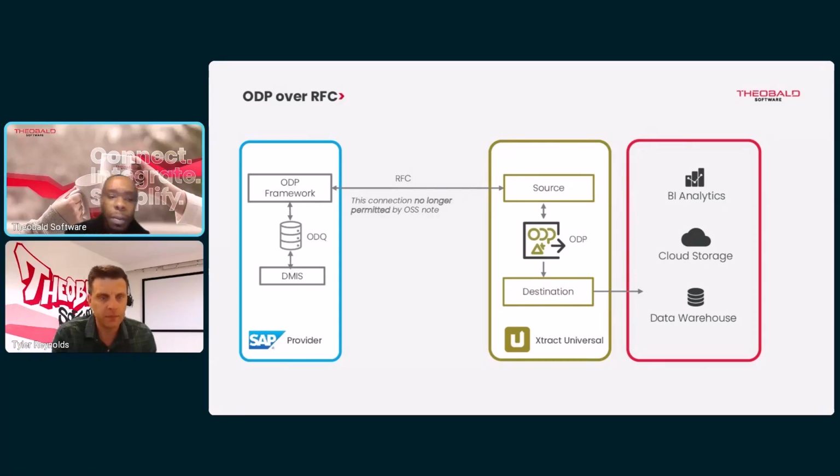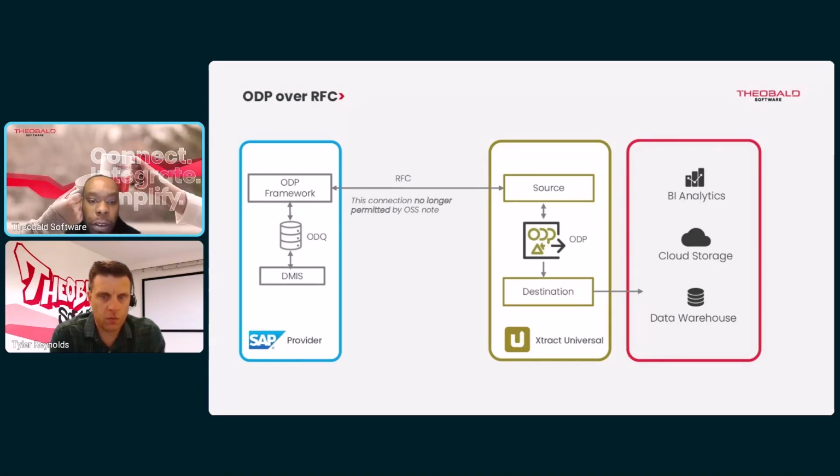Yeah, sure, no problem. We're going to go from left to right. What you see on the left-hand side is your SAP system. The arrow from left to right is you pulling the SAP objects from the provider over into your landing destination, which is on the very right-hand side.